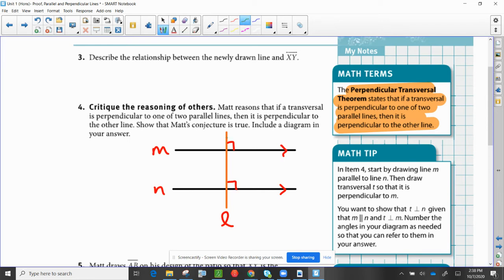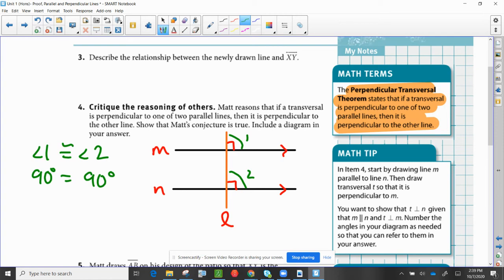Because remember, if these lines are parallel, that implies that these corresponding angles are congruent, right? So let's say I call this angle 1 and angle 2. Angle 1 has to be congruent to angle 2. So if angle 1, they told you, is a right angle and it's perpendicular, then that means angle 2 also has to be a right angle. It also has to be 90 degrees. So that makes that one also perpendicular.